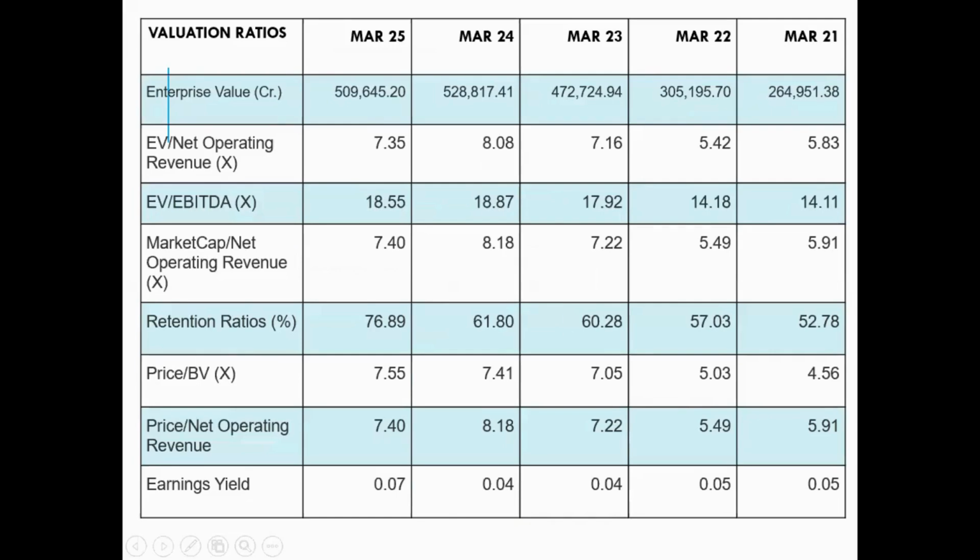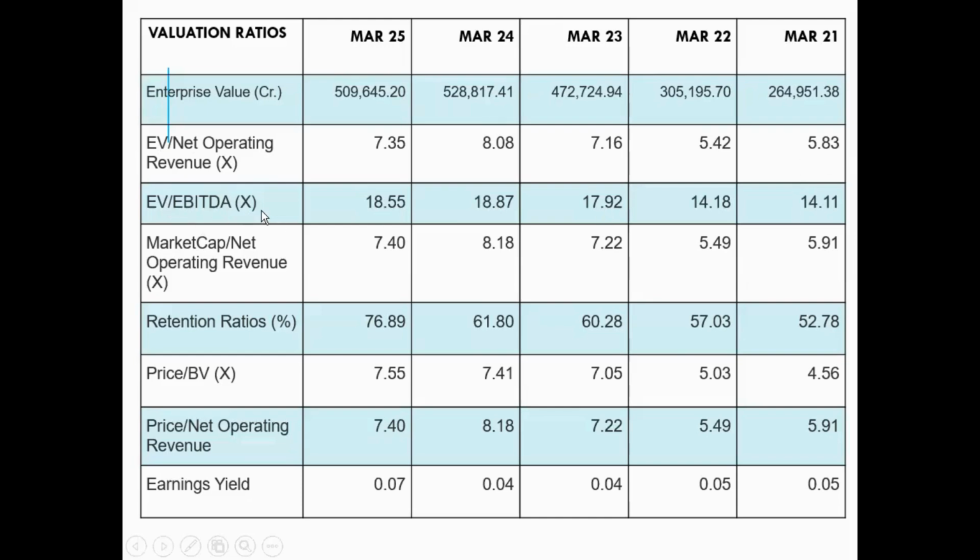These are the valuation ratios. Enterprise values are here. EV by net operating revenue is 7.35, 8.05, 7.16, 8.42, and 5.86.